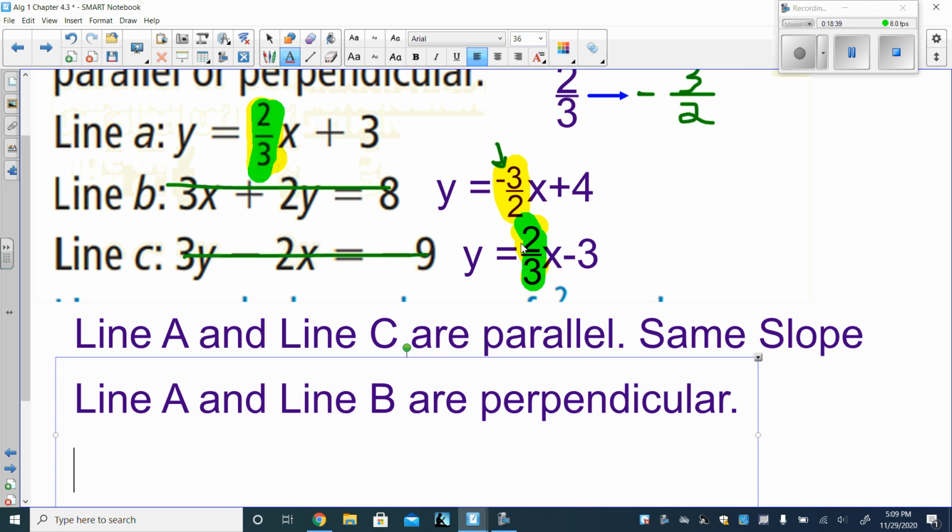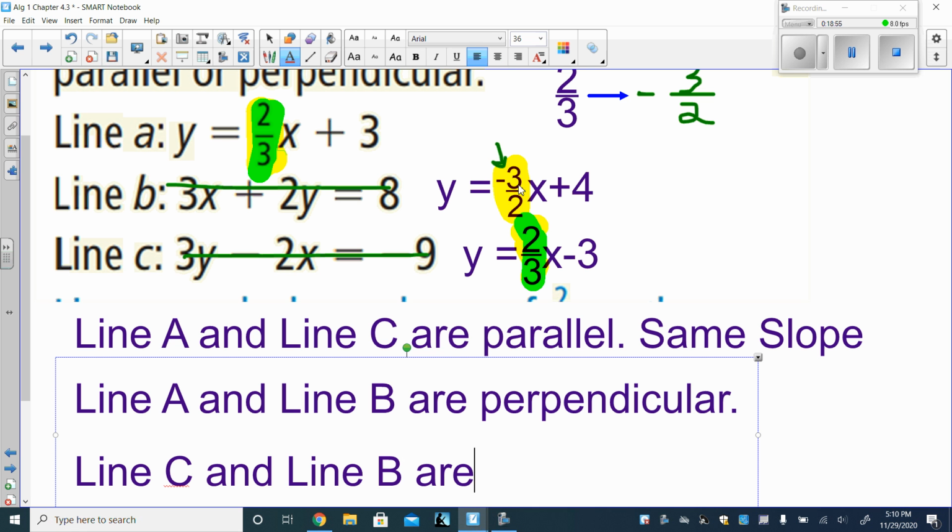Well, hey, line C is 2/3 as well, and its opposite reciprocal is also negative 3/2. So what that means is line C and line B are also perpendicular. The lines would be perpendicular because their slopes are the opposite reciprocal of each other.